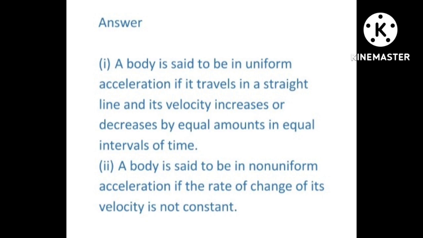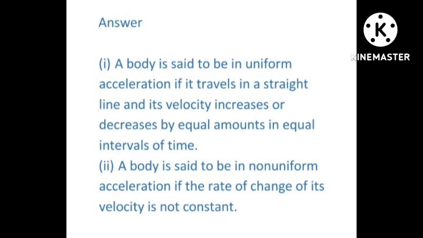Consider an example. Assume a car travels at a speed of 80 km per hour in a straight line. Will there be acceleration? No, because here the velocity is constant. We can consider one more example. Suppose the car is starting from rest and travels with a speed of 50 km per hour in a straight line.